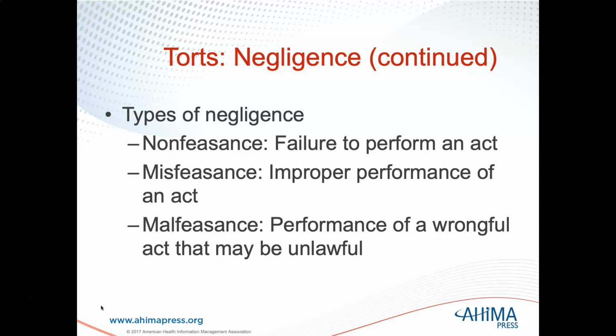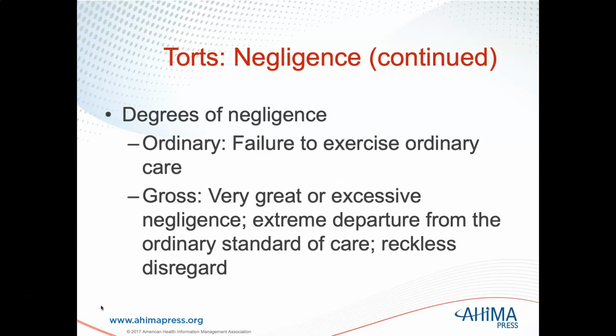So coming back to here, we've got these types of negligence. Make sure you know what each of them is and how they work. Degrees of negligence. You can have ordinary negligence, which is just an ordinary level, or you can have extreme negligence. This is where somebody not only went off the path, but they went beyond it.